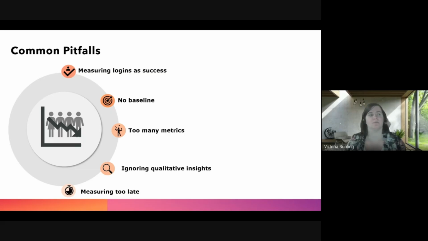When adoption measurements start after go live, it becomes very, very reactive. Early warning signs are missed, and problems are harder and more expensive to fix. Designing what success looks like before rollout allows you to spot those issues early and course correct whilst change is still taking shape.